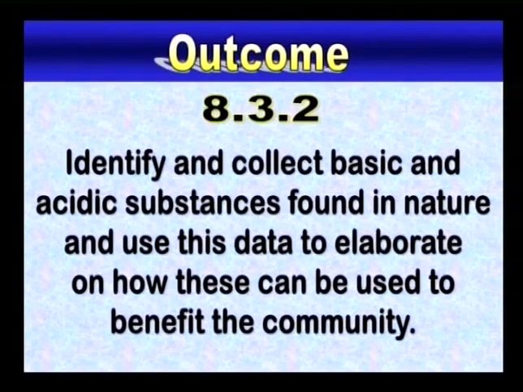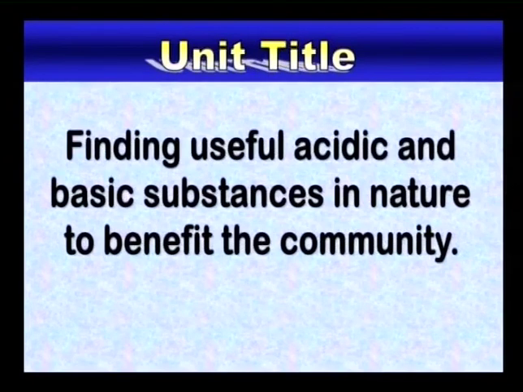Identify and collect basic and acidic substances found in nature and use this data to elaborate on how this can be used to benefit the community. The unit title for this outcome is Finding Useful Acidic and Basic Substances in Nature to Benefit the Community.